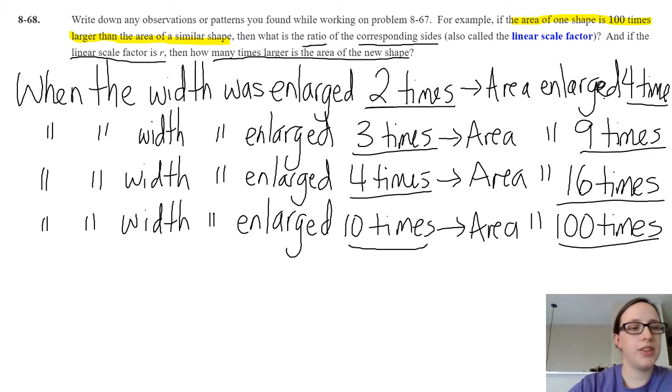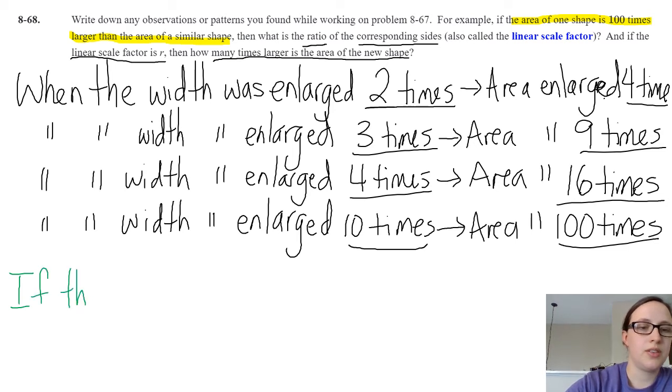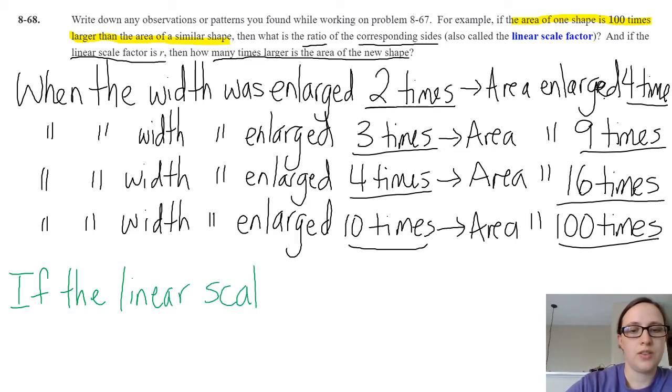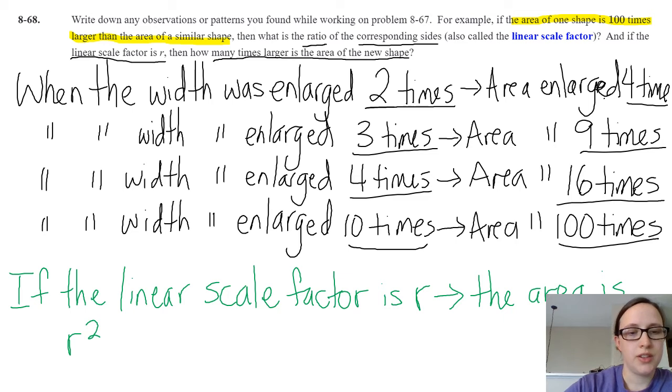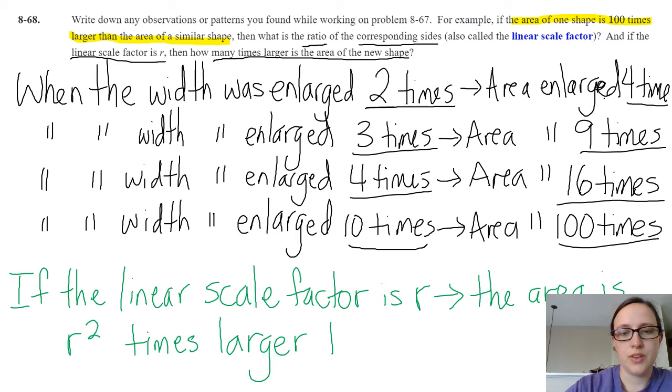All right, so if we know that the linear scale factor is r, so any number r, then we know that the area is r squared times larger than the smaller shape.